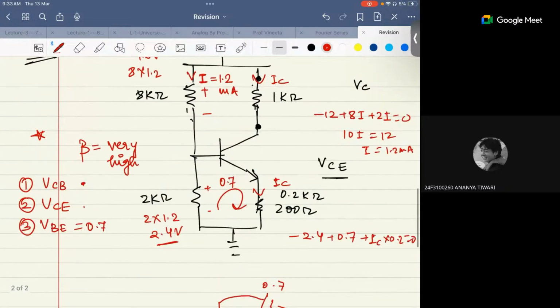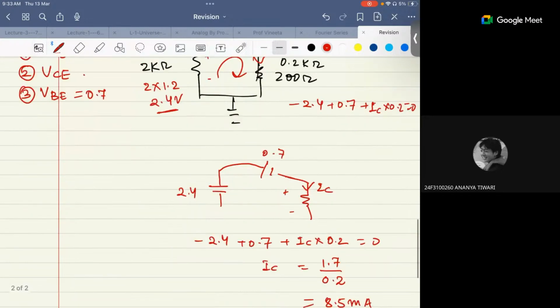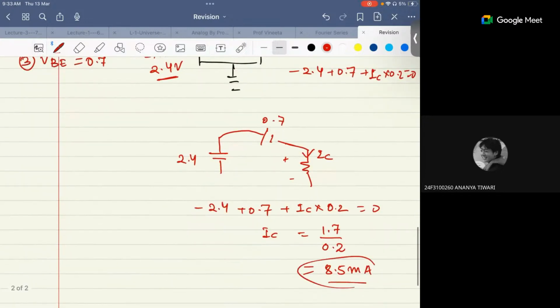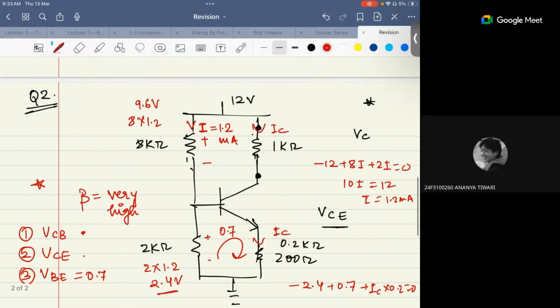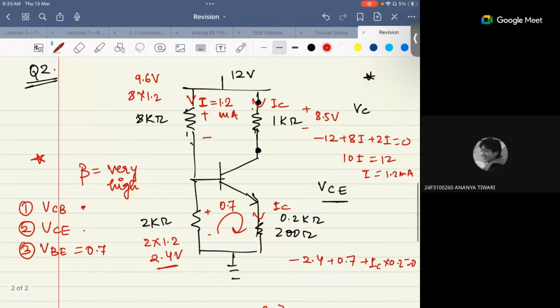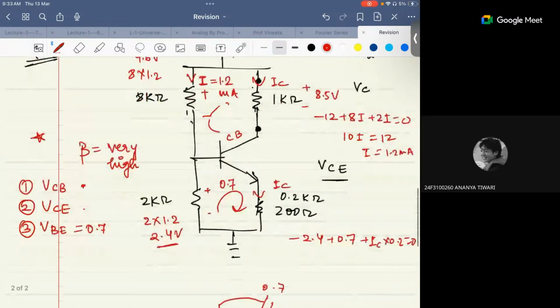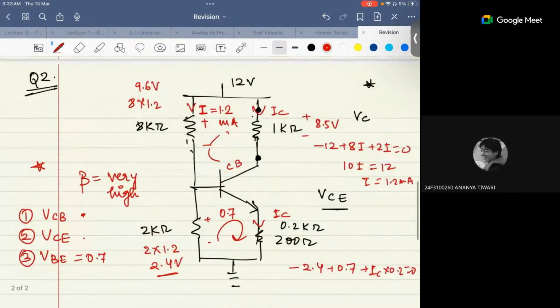Once you got the IC, then it becomes very simple, right? If IC equals 8.5 milliampere, what is the drop here? 8.5 volt, right? So now you can use the loop here also to calculate this VCB. VCB will be what? Think of this as 9.6, right? You just use the loop like this.